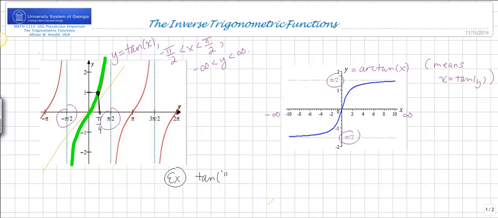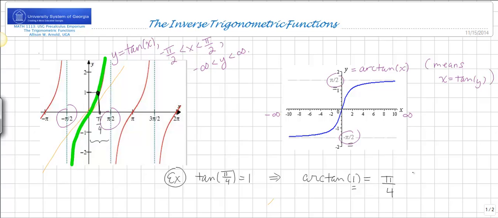Now, since the inverse tangent is only defined in a certain range, then we would say arctan of 1 is which angle? The angles have to be between minus pi over 2 and pi over 2, and the tangent value is 1. So we have to look in the first quadrant. So our only option is pi over 4.